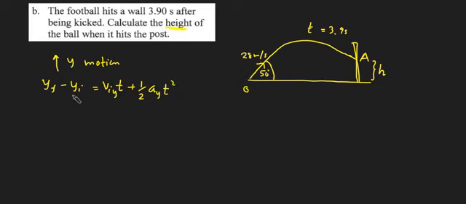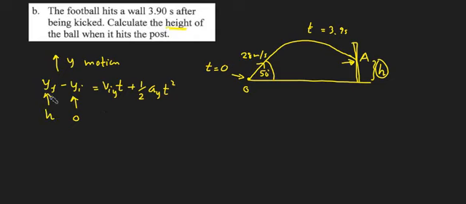Initially, at this point, t equals 0, the y position is 0, so I put 0 there. And y final is this position, when the ball hits point A. That's what I called h.